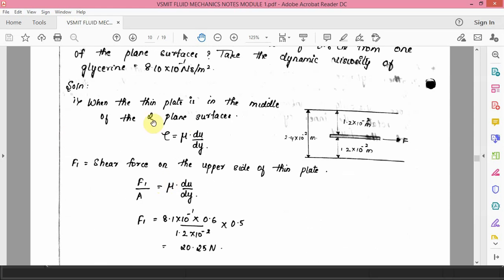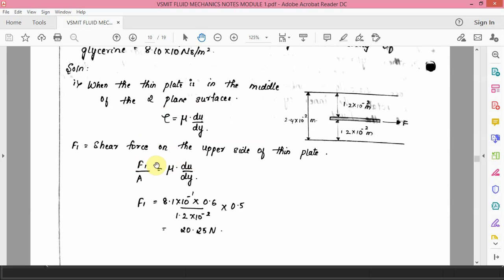So, solution. We can see the figure, the height is 2.4 into 10 raised to minus 2 meters, and the plate is placed at the middle, that is 1.2 into 10 raised to minus 2 meters from top and 1.2 into 10 raised to minus 2 meters from bottom. First, when the thin plate is in the middle of the two surfaces, tau equal to mu into du by dy.